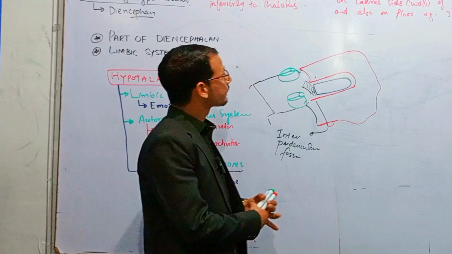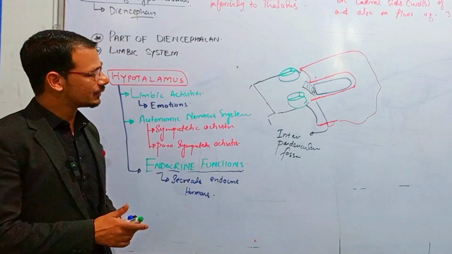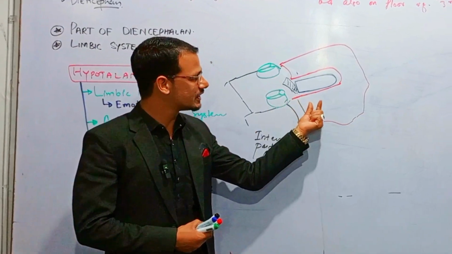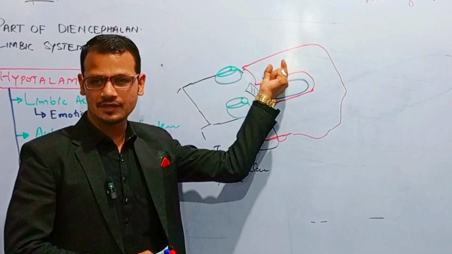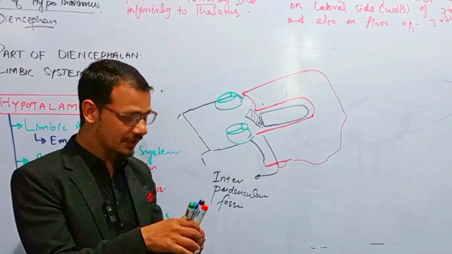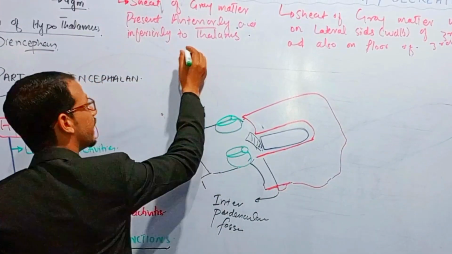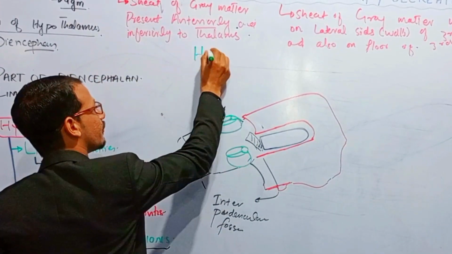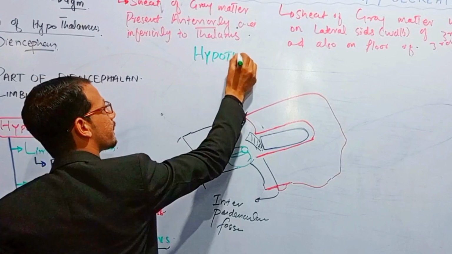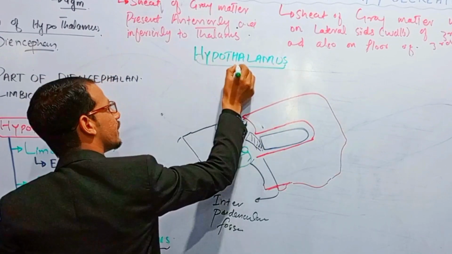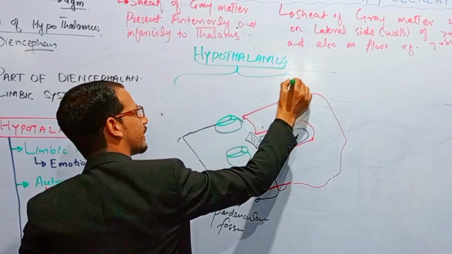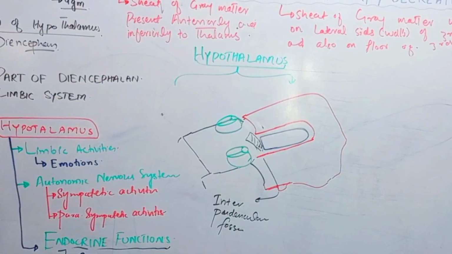So this is the hypothalamus, right? Now we will divide it, because you can see here that this is the right side of hypothalamus and this is the left side of hypothalamus. So hypothalamus is divided into the right hypothalamus and left hypothalamus, right?